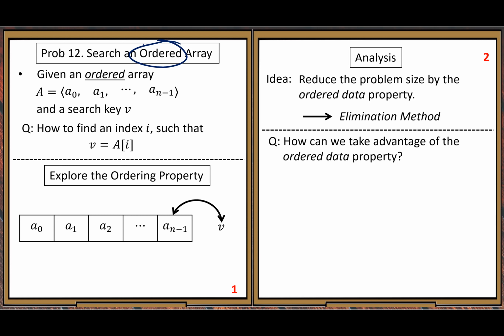Now, when we try to find a location somewhere in the array, we have a lot of freedom to choose our comparison. You can compare V with any one in the array. You have that freedom. But the question is, which one is the best overall?